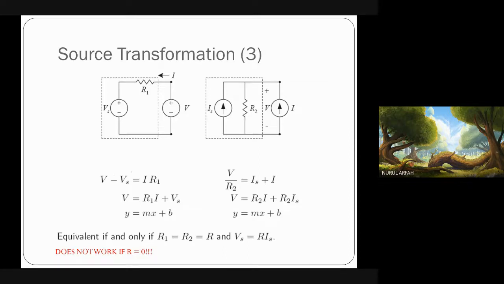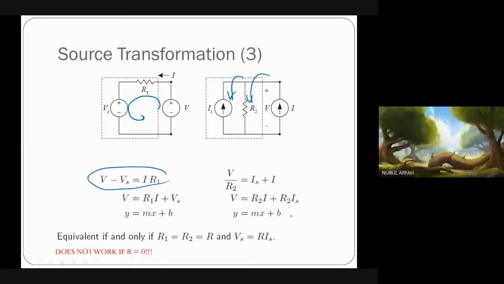This one for the next slide is just how they apply this thing. But if you look here, they apply KVL around the loops, and this one KCL to this branch.